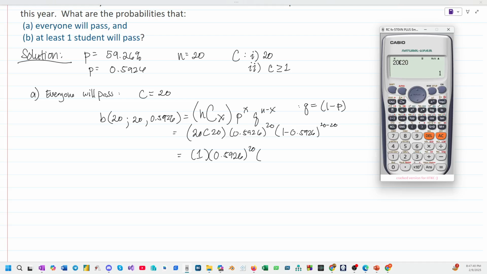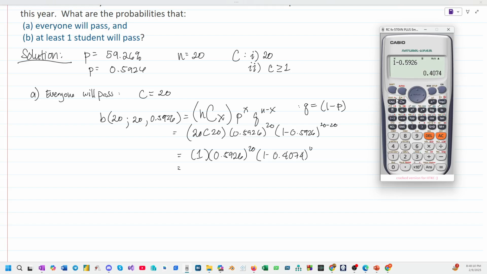Then, 20 minus 20. 1 minus ano na lang muna. Okay, 1 minus 0.26 raised to 0. So, 1 na lang yun, bale.